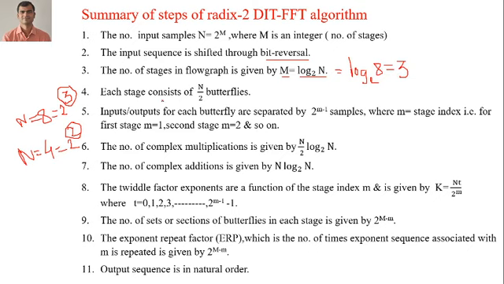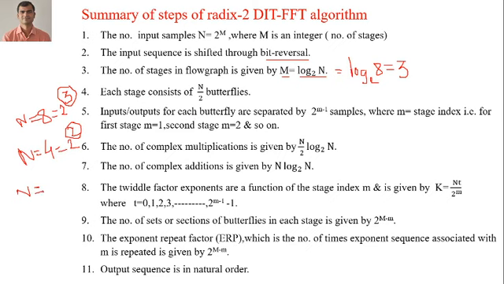Now here we have 3 stages for capital N equal to 8. Each stage consists of N by 2 butterflies. Let me take one example. Capital N is equal to 8.